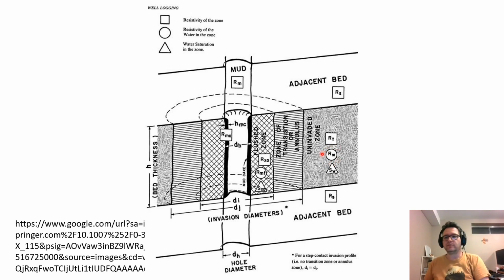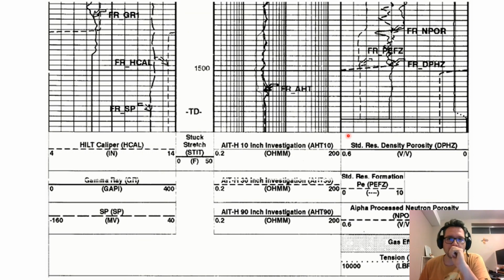RW is given. Amir will give it to us, so the only thing we need to read is RT, and how we do that. RT, we get it by doing again an average of the curve inside an interval.